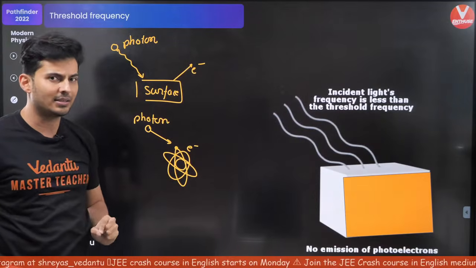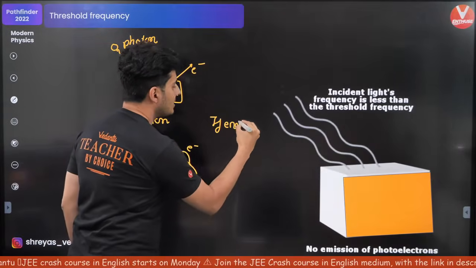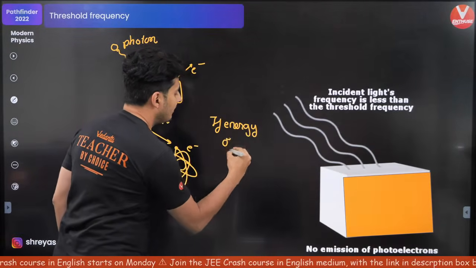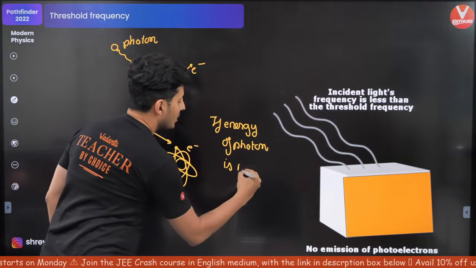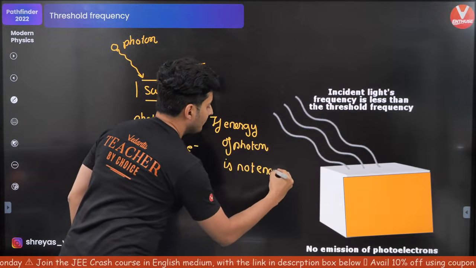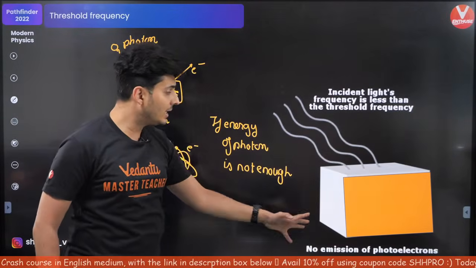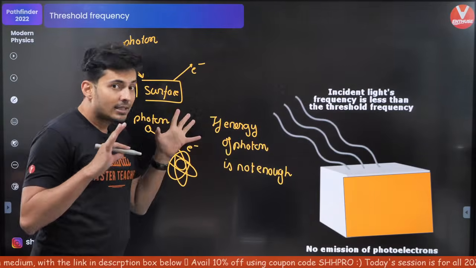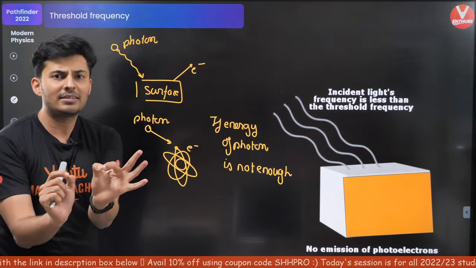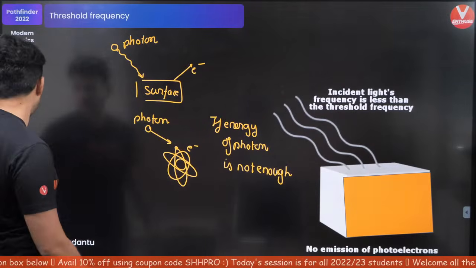I hope that makes sense. So, if the energy of the photon is not enough, like it is shown over here, then there will be no emission of photoelectrons. There is a minimum frequency below which the photoelectric effect does not occur.